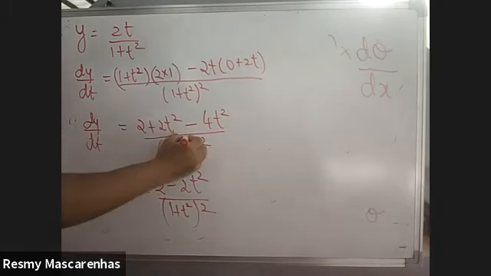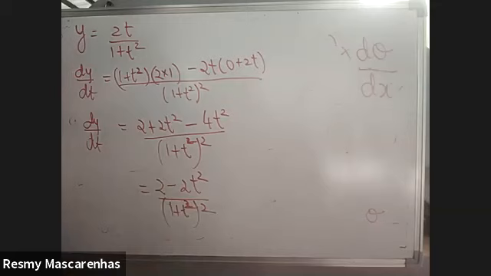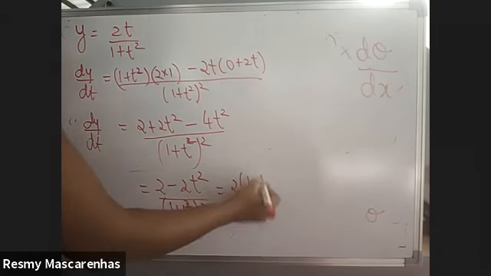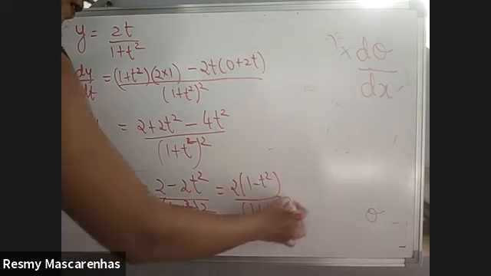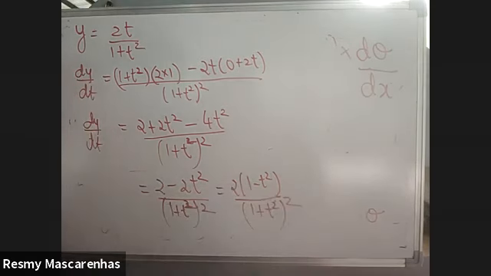Okay, there's a square here. So this will be dy upon dt. If you want, you can take out 2 common. So what you will get is 1 minus t square. And now divide both the answers and find dy by dx.